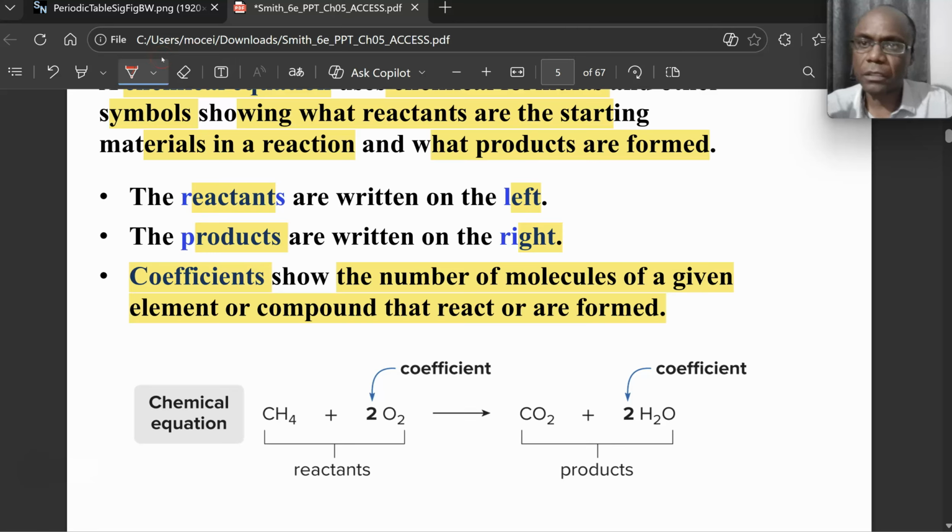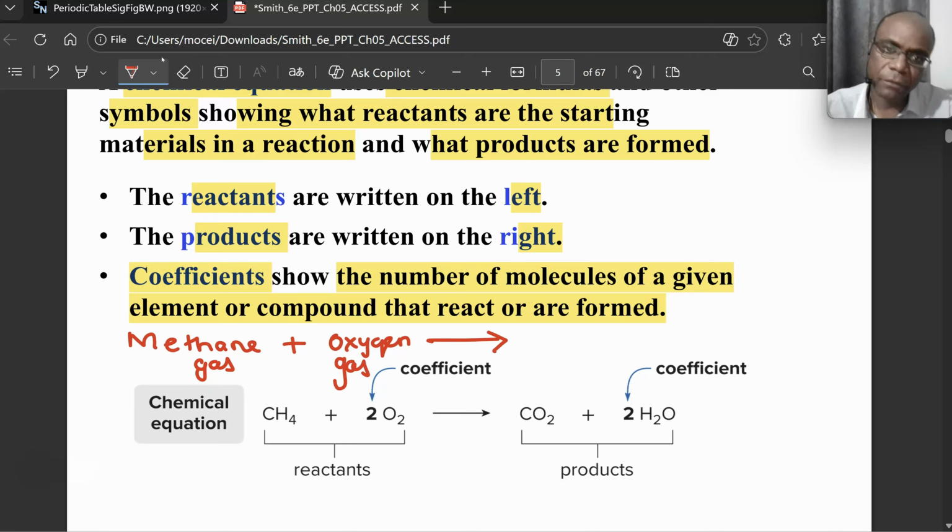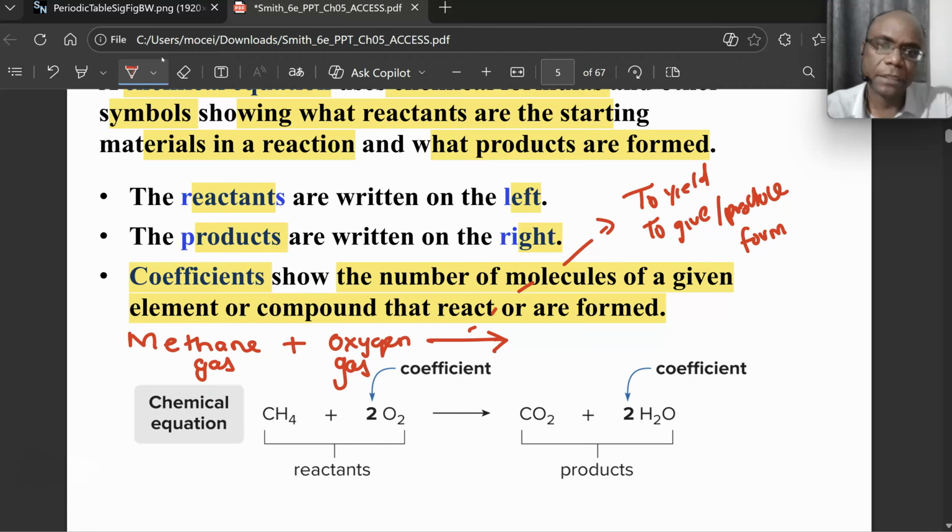Usually the chemical equation is derived from a word equation. For example, suppose methane reacts with, that's what the plus means, oxygen gas. Methane is a gas, and it reacts with oxygen gas to give, that's what this arrow means, to yield, to produce, or to form, whichever synonym.